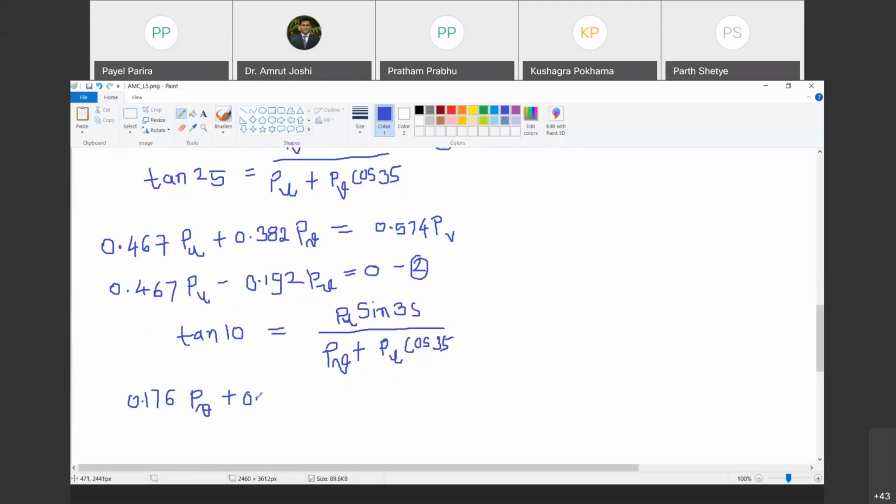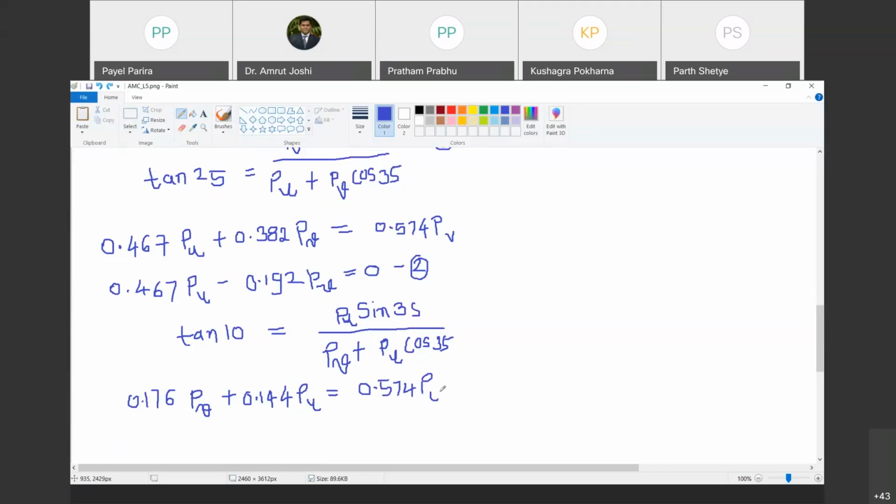Plus 0.144 PV, PU. Are you with me? This must be equal to 0.574 PV. Yes, sir. Because cos 35 is going to remain same. Sin 35 is going to remain same. Yes, sir. Right? Yes, sir.